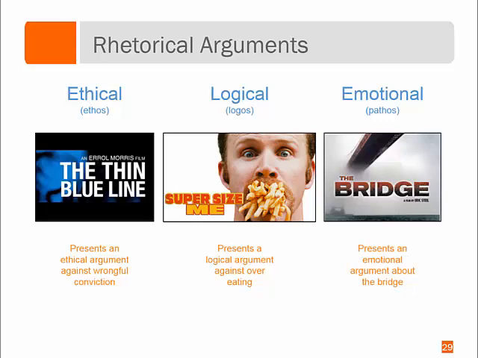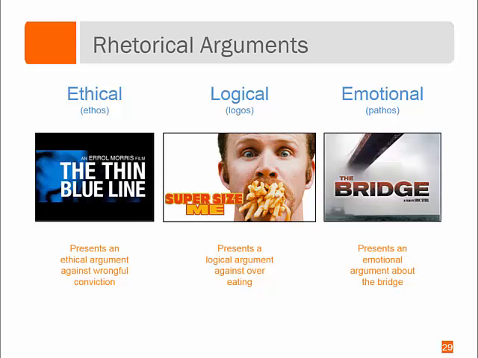And throughout the documentary film, there is a presentation of evidence with a theme that it's wrong to falsely convict someone of a crime they didn't commit. So The Thin Blue Line is an example of an ethical argument against wrongful conviction.